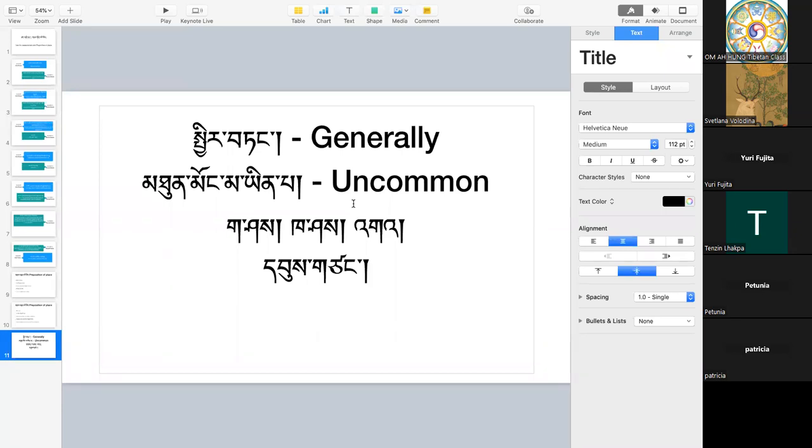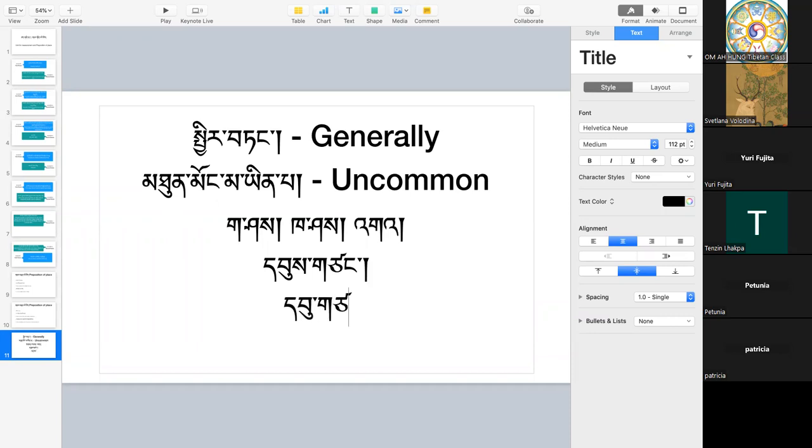There are two ways to write this particular word. Some accept this particular spelling for central Tibet, which is fine, but there are some who tend to write it in this way.